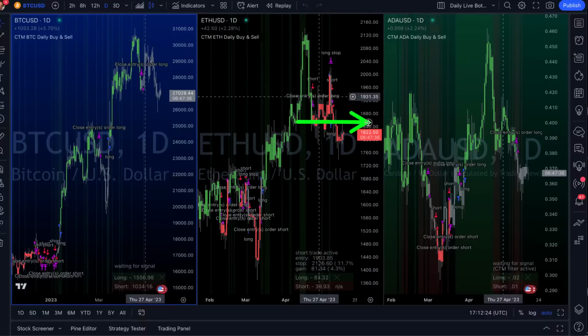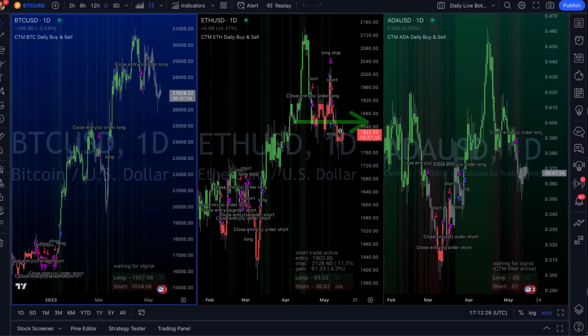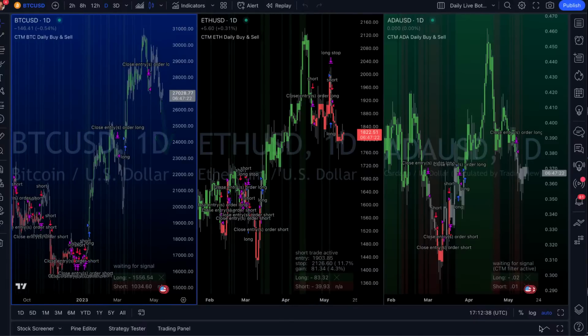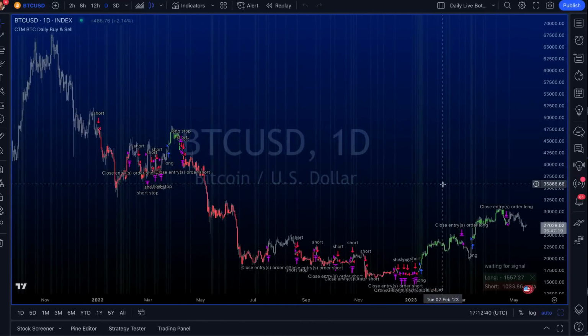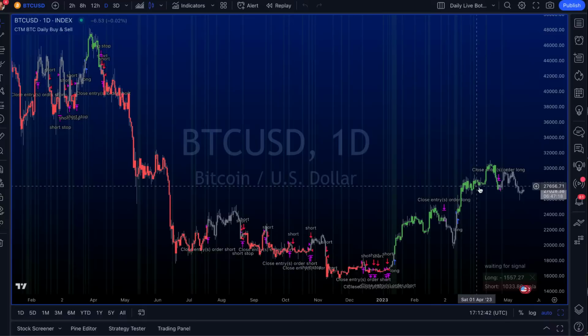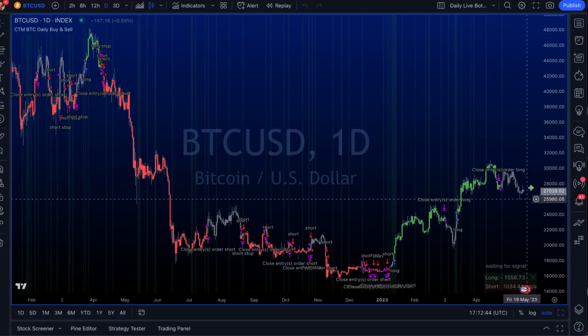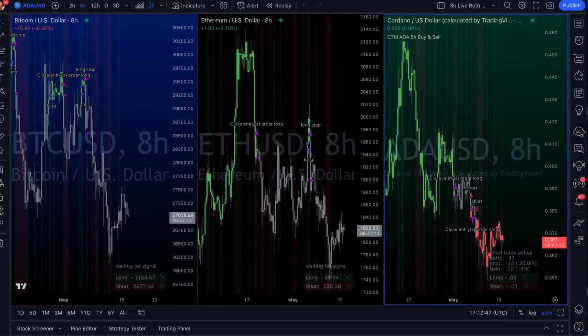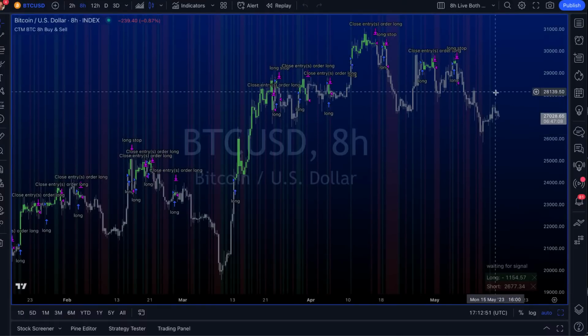You can see Ethereum on the 8-hour just out of the market. We're holding a short here on Ethereum on the daily, while Cardano is out of the markets, and Bitcoin is not only out of the market, Bitcoin is much closer to selling on the daily time frame. Let's take that out really quick and ask why, right? It's much closer to selling than it is buying. Why? On the 8-hour time frame, it's actually much closer to buying.